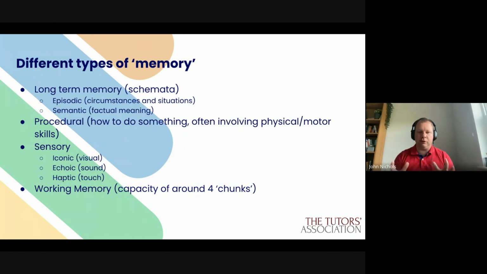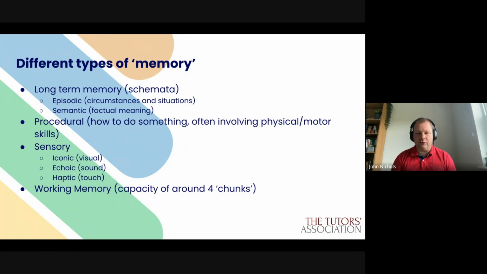You can only really process around 4 different pieces of discrete, unrelated information at the same time. And there was someone that once said, oh, it's 7 plus or minus 2, but the consensus amongst most modern neuroscientists is that they were actually considering that some of those chunks were actually related. And actually, if it's unrelated information, it's less.